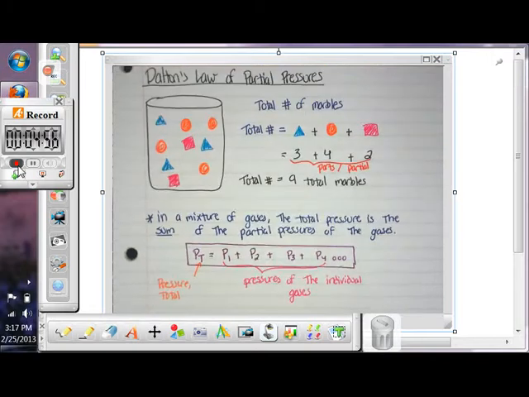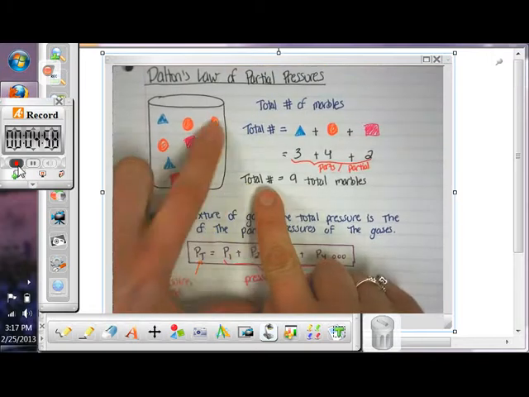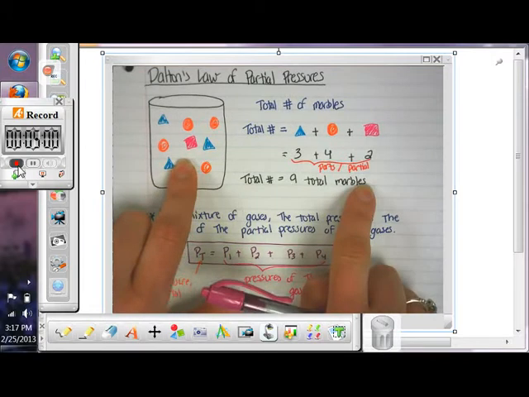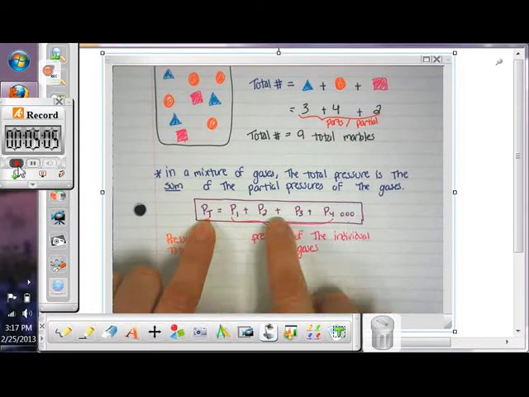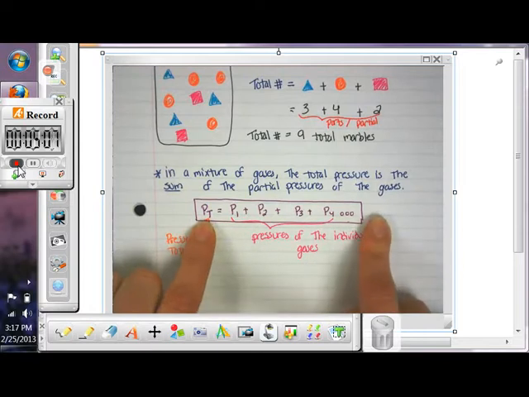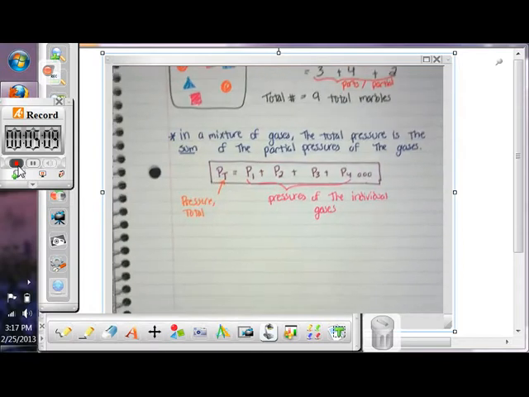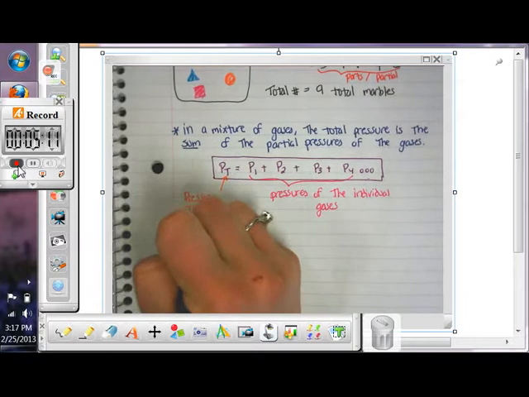So just like the marbles, my total marbles equals all the marbles combined. My total pressure is just going to be all of the individual pressures. Simple math.